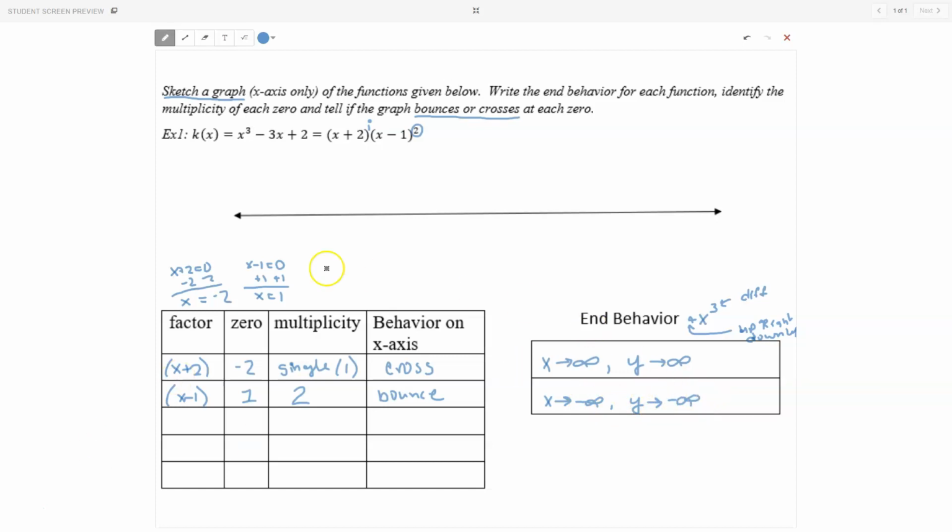So now that I have this information, now I simply put it on this x-axis. So you want to list your zeros on the x-axis. Be sure you list them in numerical order. So that means the negative 2 goes first and then the 1. I'm not really interested in scaling. I mean, you can put your little tick marks. Let's do that.